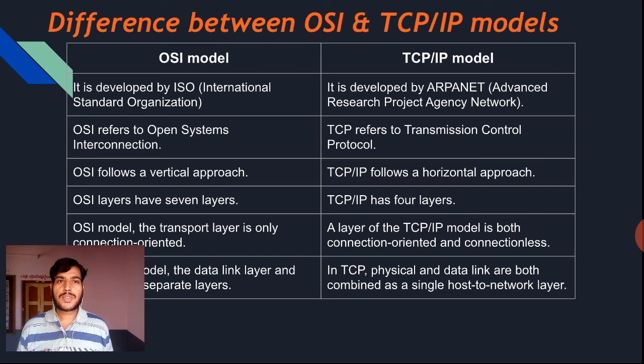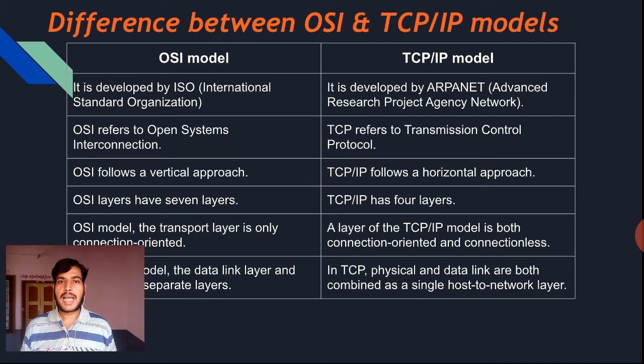OSI refers to Open System Interconnection. TCP/IP refers to Transmission Control Protocol and Internet Protocol. OSI follows a vertical approach to communication, whereas TCP/IP follows a horizontal approach.